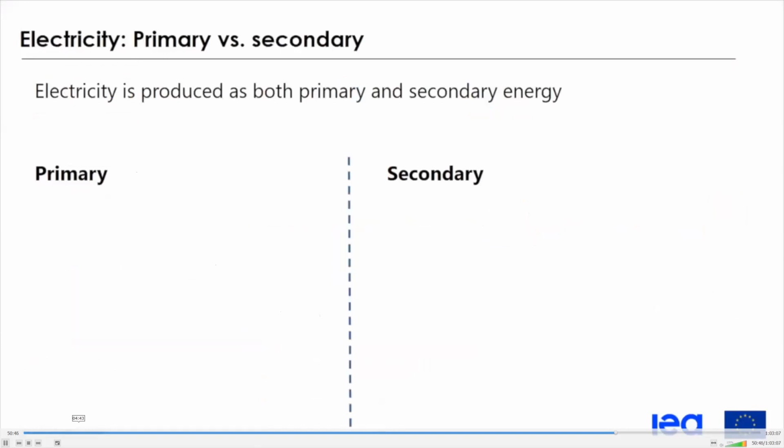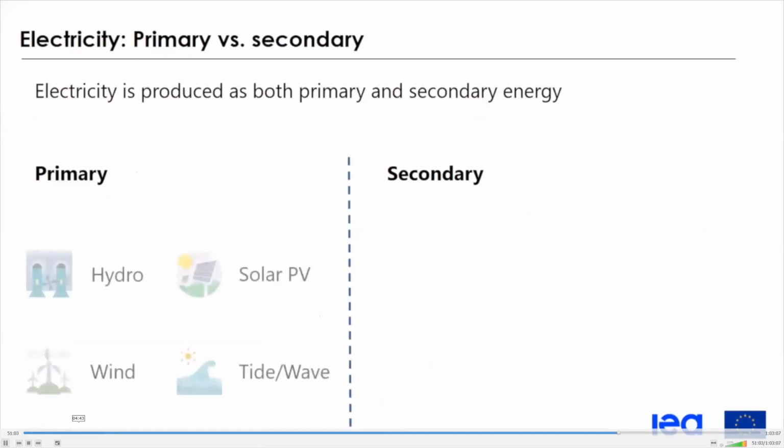So firstly, let's look at sources of electricity to see how we distinguish the possible sources. Electricity is produced as both primary and secondary energy commodity. Primary electricity is obtained from natural sources such as hydro, solar photovoltaic, wind, tidal, or wave energy, for example.